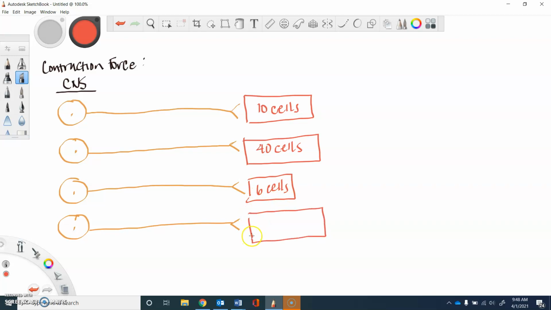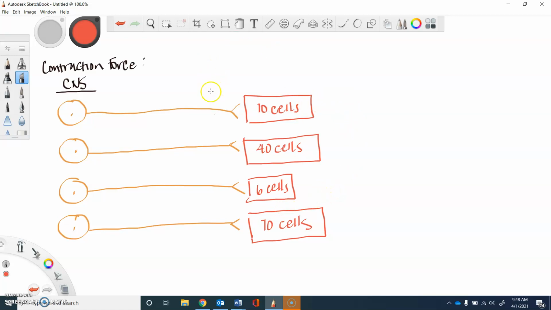And let's say this one goes to 70 muscle cells. We also know about these motor units that all the fibers within a motor unit are the same. They're not like there's slow twitch fibers and fast twitch fibers within here. All the muscle cells are of the same type.